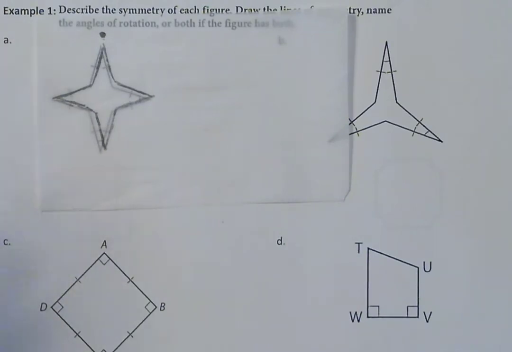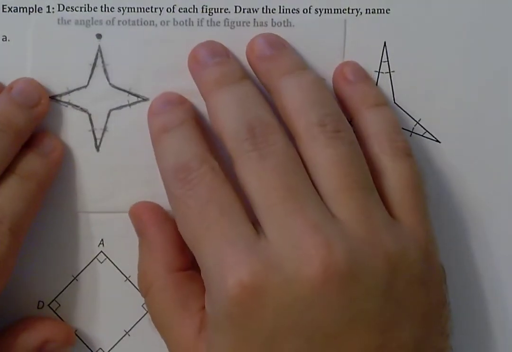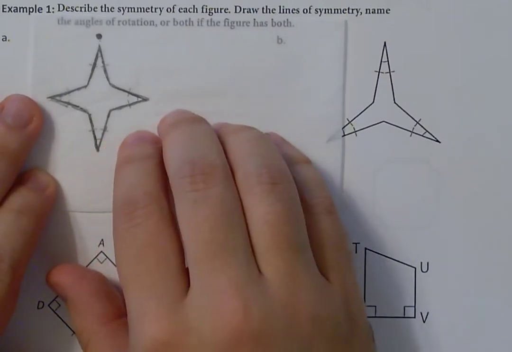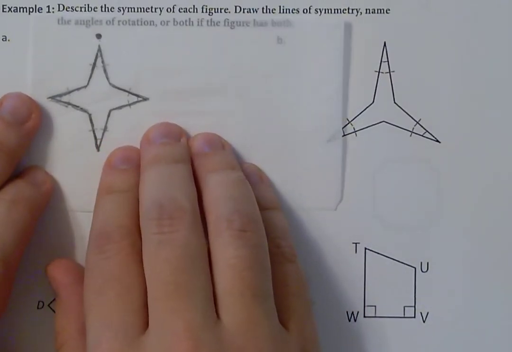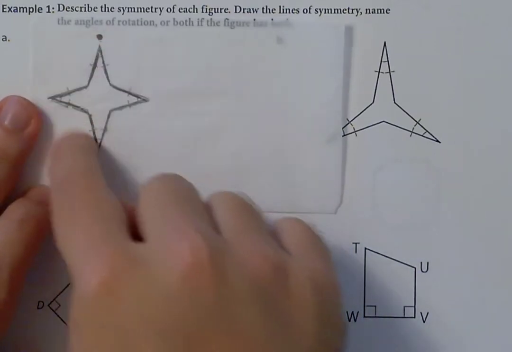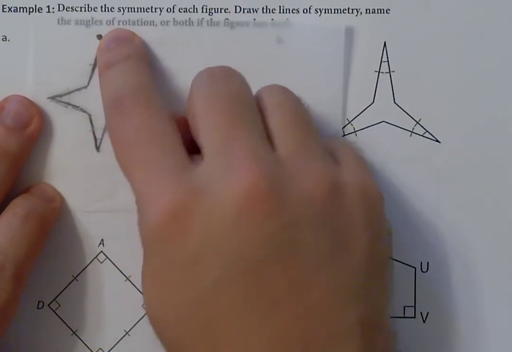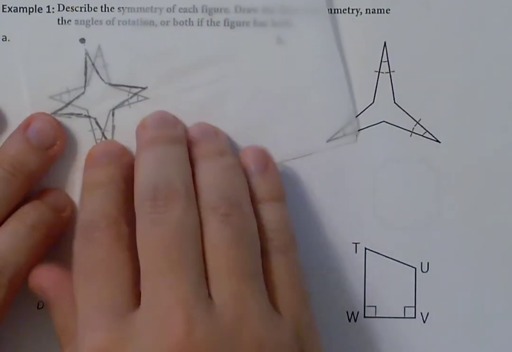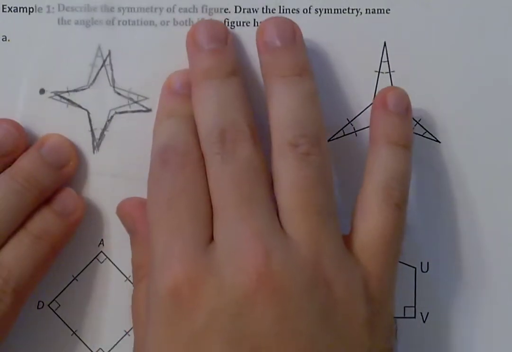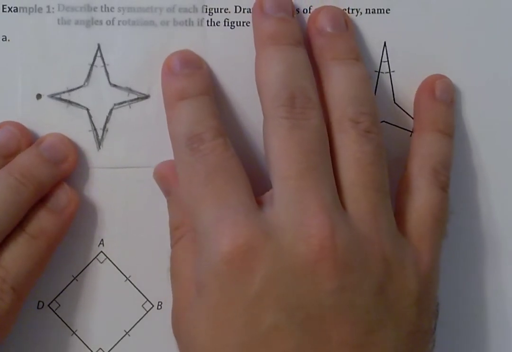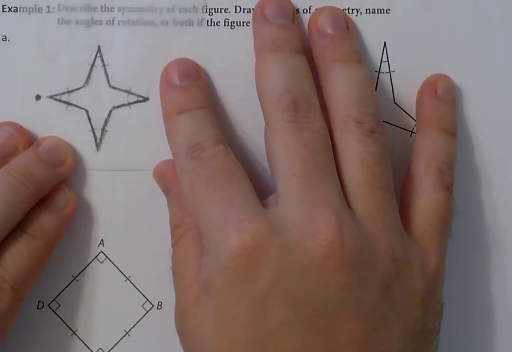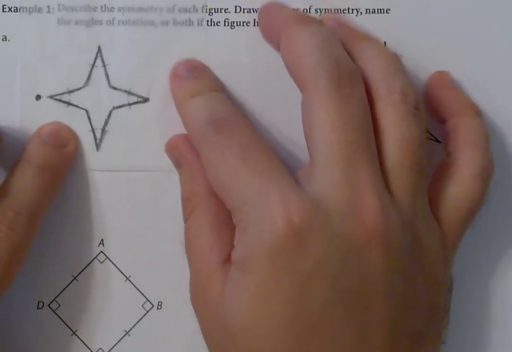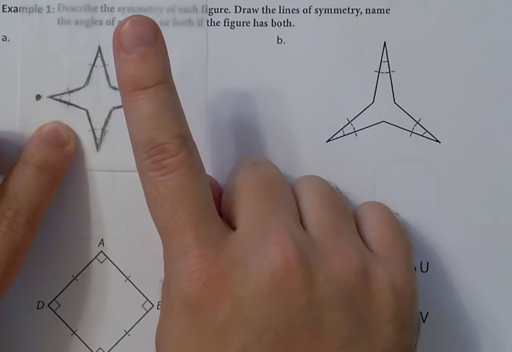So if we go through and do this, we're just going to start rotating counterclockwise with our traced shape, and we want to see how many times, as I rotate 360 degrees, it matches back up with itself. If I start rotating counterclockwise, here I get it to match up right there. So that is one time that it matches back up on itself.